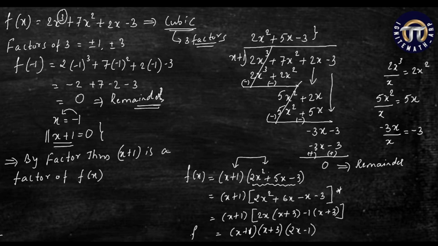These are the factors of the given polynomial f of x. Be very careful about this, children. What are the factors? The factors of the polynomial are x plus 1, x plus 3, then 2x minus 1. These are the factors of the given polynomial, right.